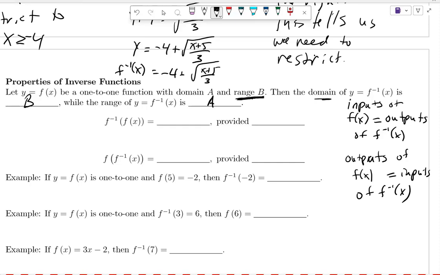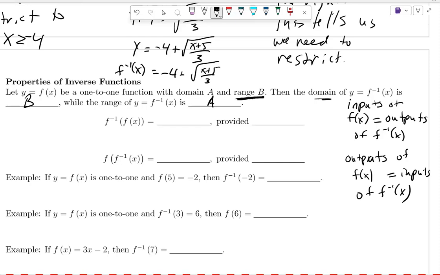Right? If you put your shoes on when you leave the house in the morning, you come back home, you undo that process, you take your shoes off, you're left with your feet bare again, right? You still have the same feet, didn't change your feet, right? Feet go into the shoes when you leave, feet come out of your shoes when you get home. That's doing the composition, right?